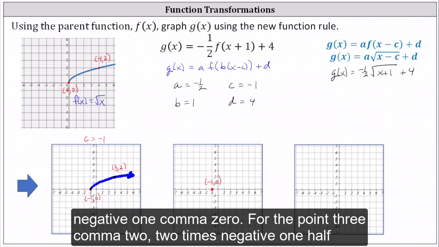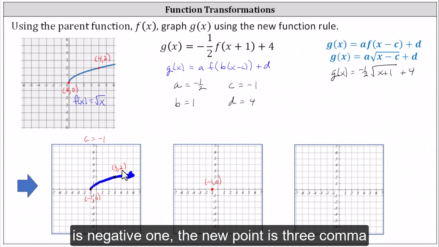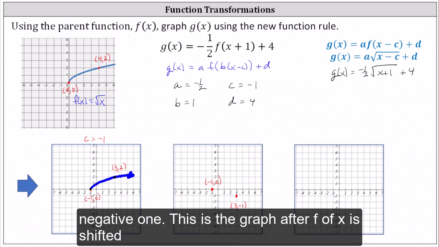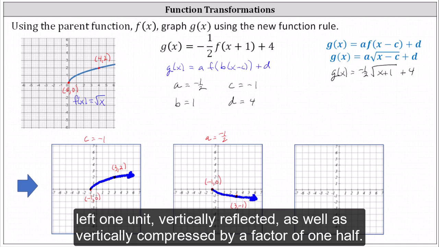For the point 3, 2, 2 times -1/2 is -1. The new point is 3, -1. This is the graph after f of x is shifted left 1 unit, vertically reflected, as well as vertically compressed by a factor of 1/2.